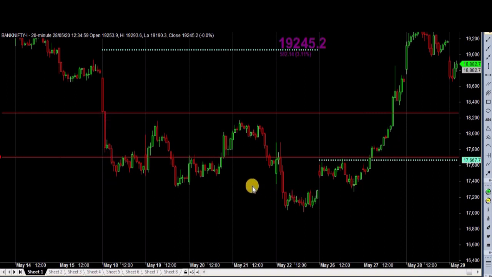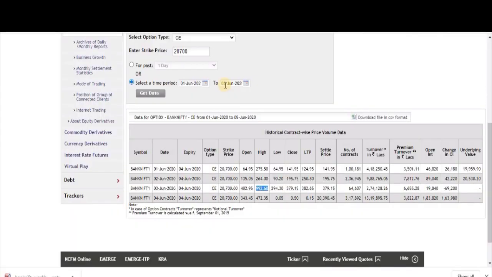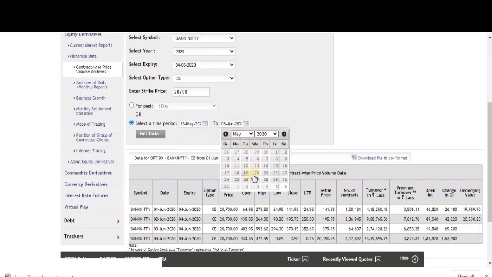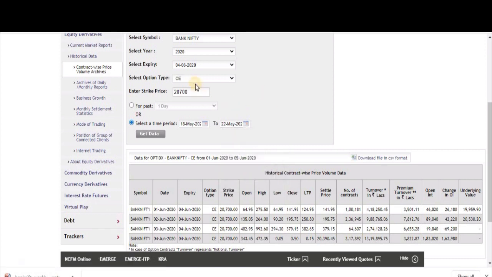Now, we are going to check this week again. So this is the 18th. Let's go on the NSE and select May 18th to May 22, and we are now going to buy a put. So PE and 17,700.